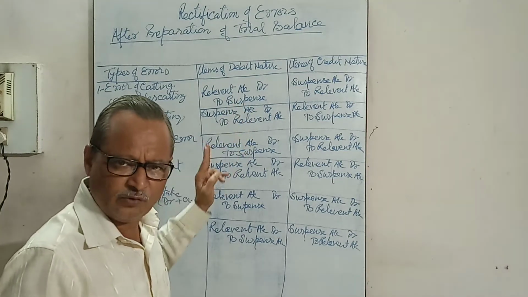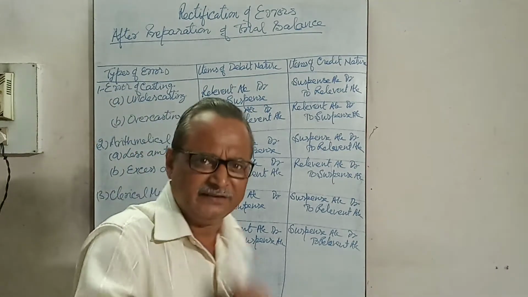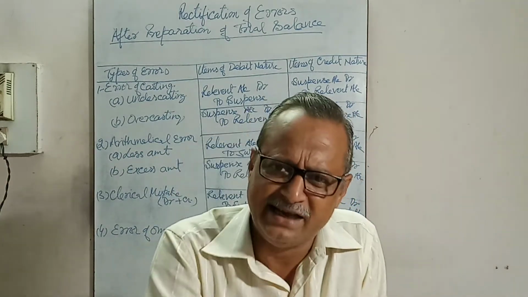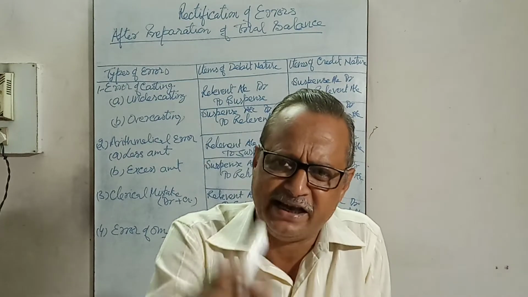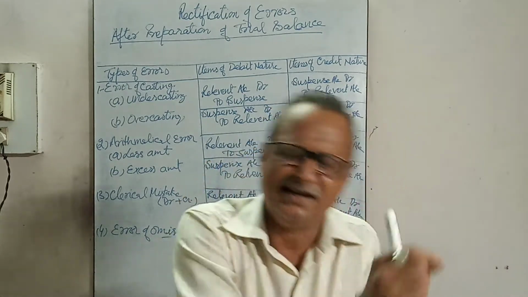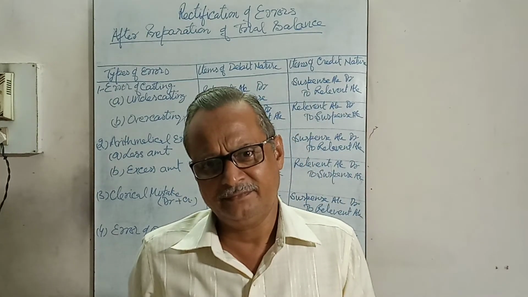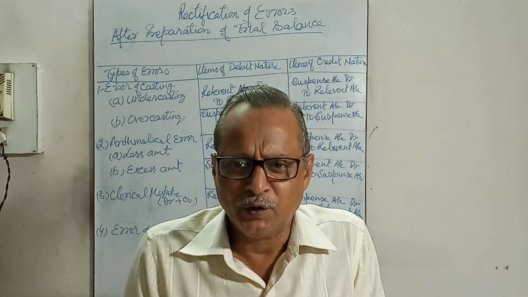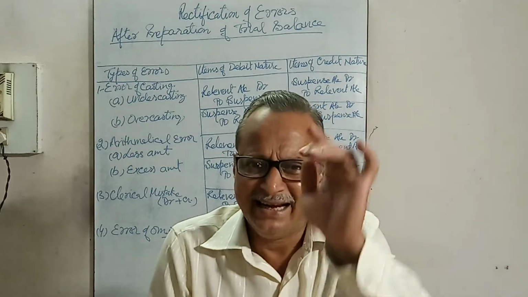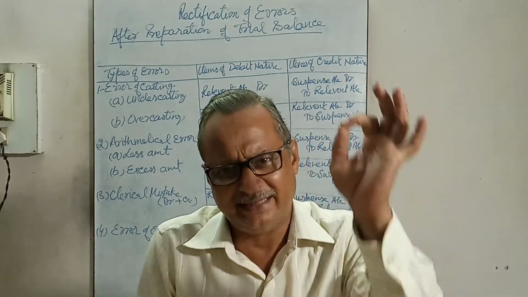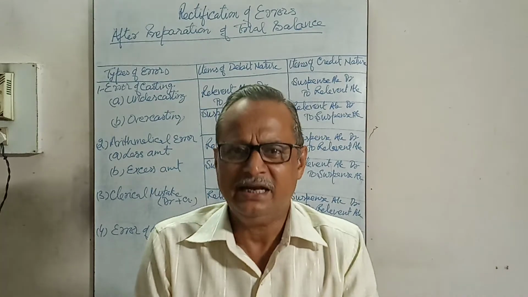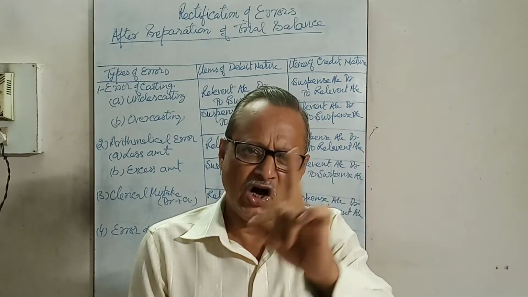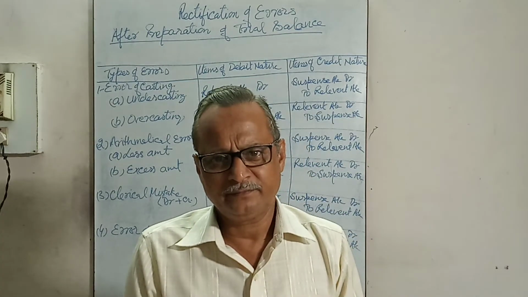But if it is in nominal items such as expenses, incomes, purchases, sales, purchase return and sales return, then it will not be written in the name of purchase or sales or expenses or returns, but in place of purchases, we will write the profit and loss adjustment account.